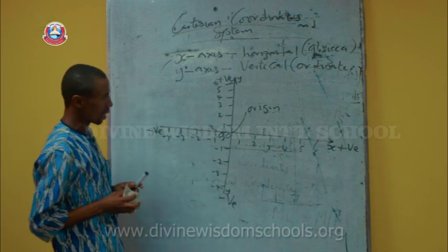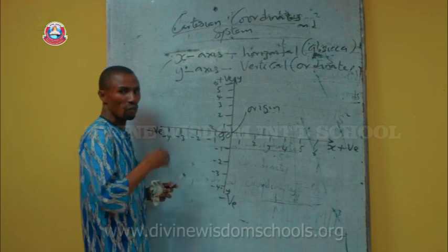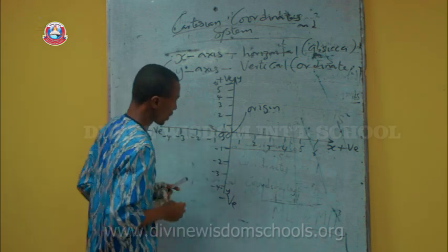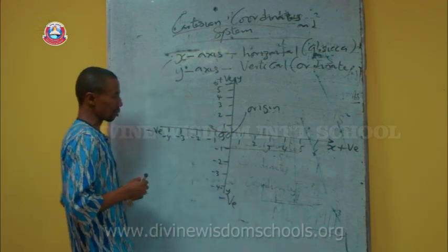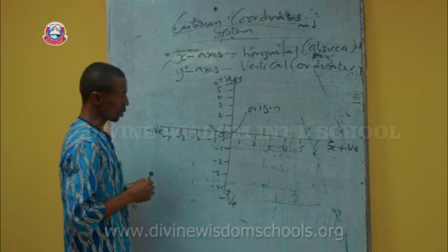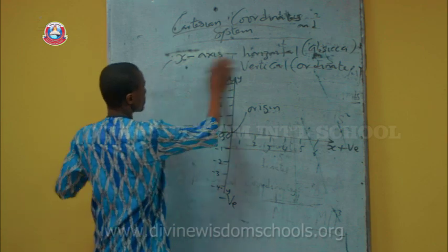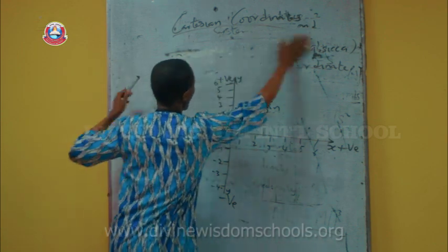Now let's take an example to further portray the coordinate system, the Cartesian coordinate system. Example 1.